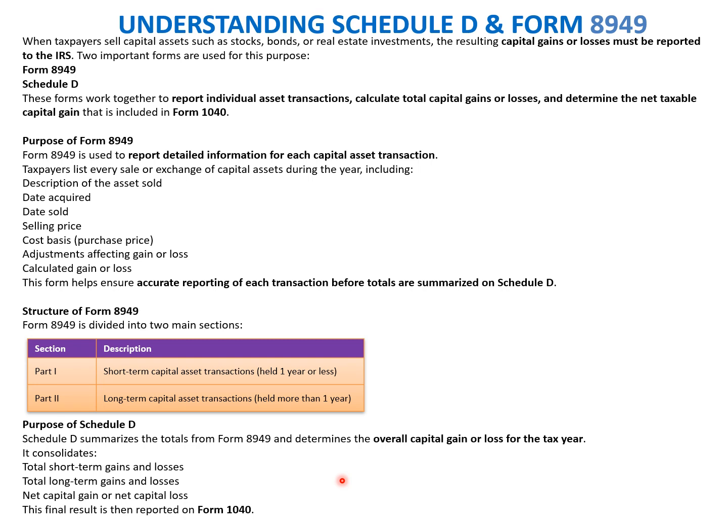It's an indefinite period, and the limit of $3,000 to adjust against ordinary income applies each year, and the same applies to the carry forward of losses as well. So we move to the next slide and look at Schedule D to understand its various parts.